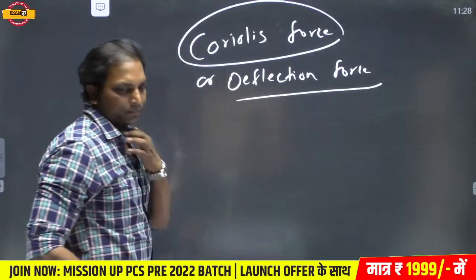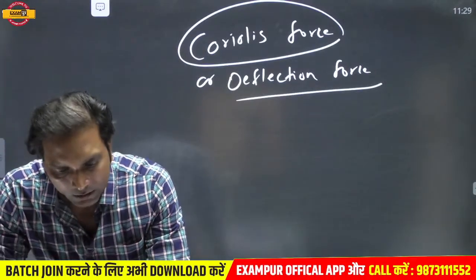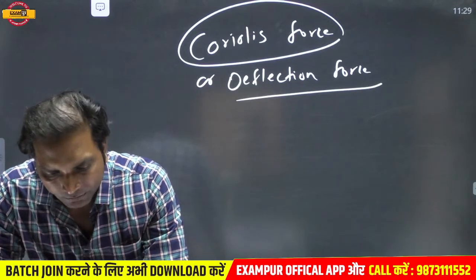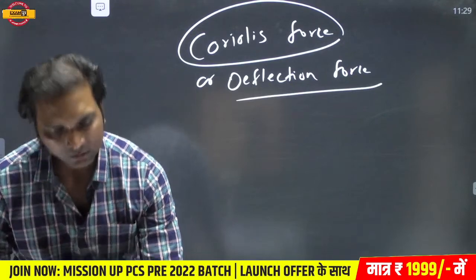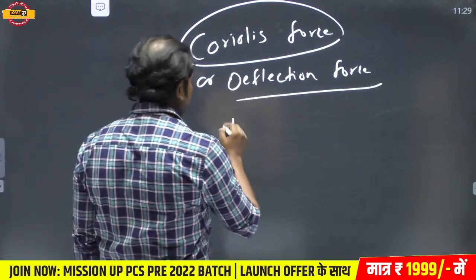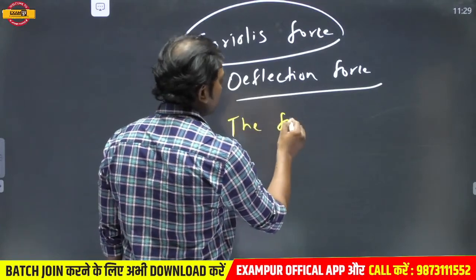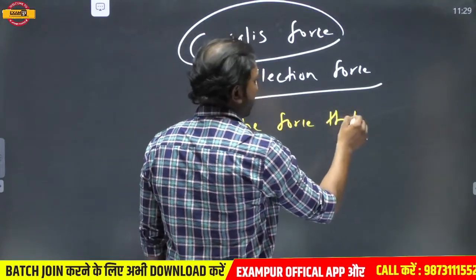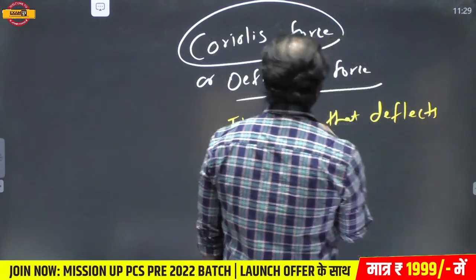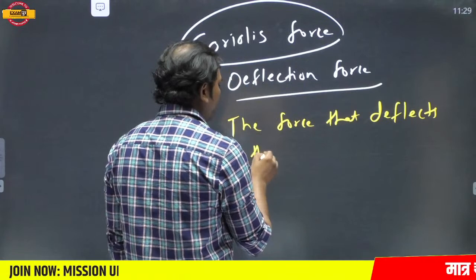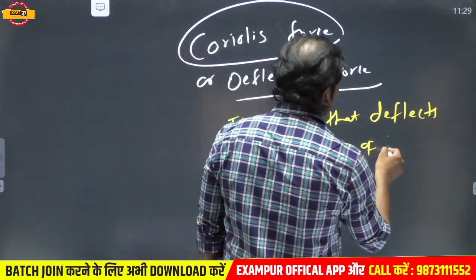What is it? Can anyone give an idea about the Coriolis force or the deflection force? What is it? Simply we can say, the force that deflects the direction of the winds.